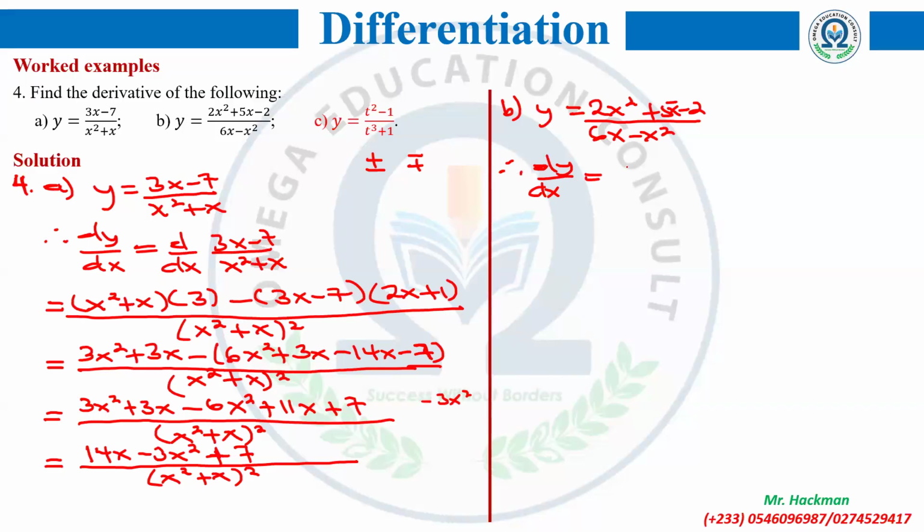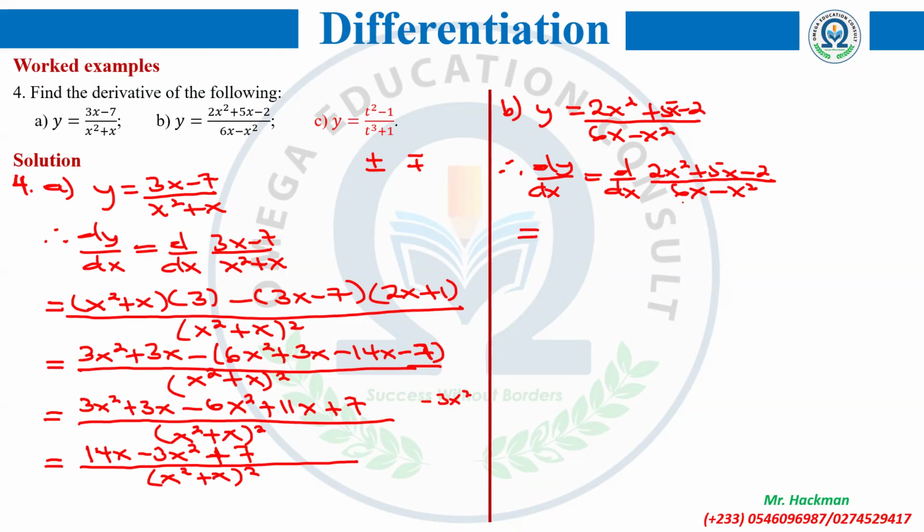You could have skipped the step of writing d/dx of the 2x squared, and it would not be costly. But when you are applying the rule, we cannot skip. So here we are applying the rule.